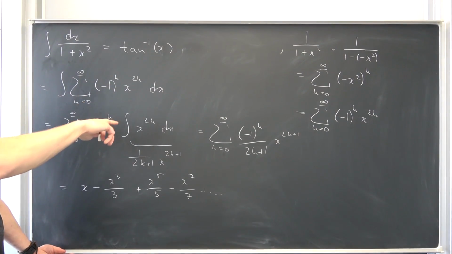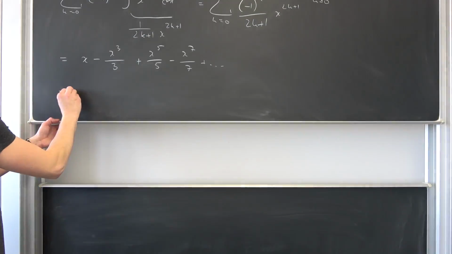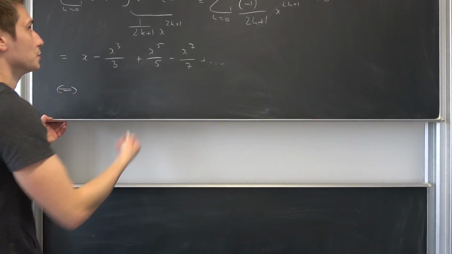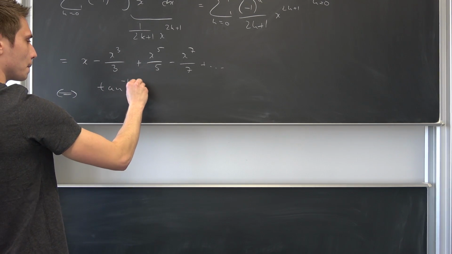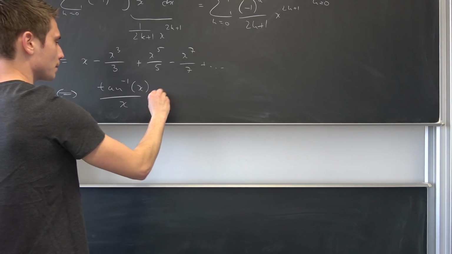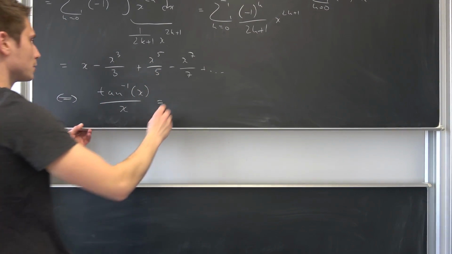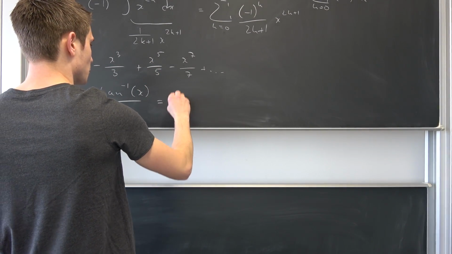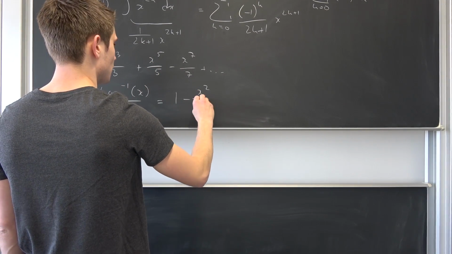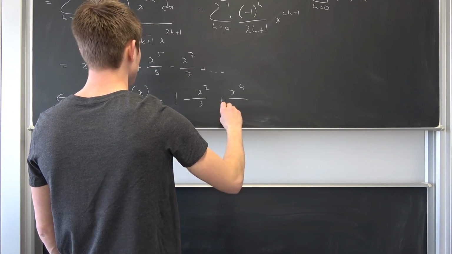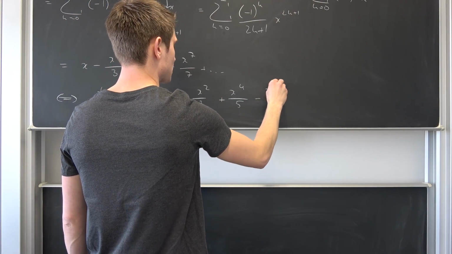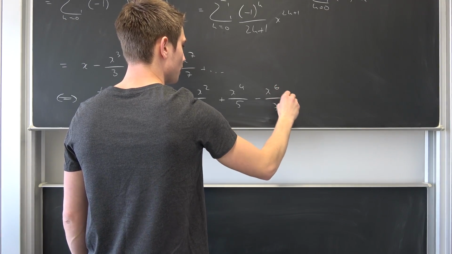Then we get the inverse tangent of x over x, if x is not equal to 0, which it's not in this case. The inverse tangent of x over x is nothing but this infinite series: 1 minus x squared over 3 plus x to the 4th power over 5 minus x to the 6th power over 7 plus dot dot dot.